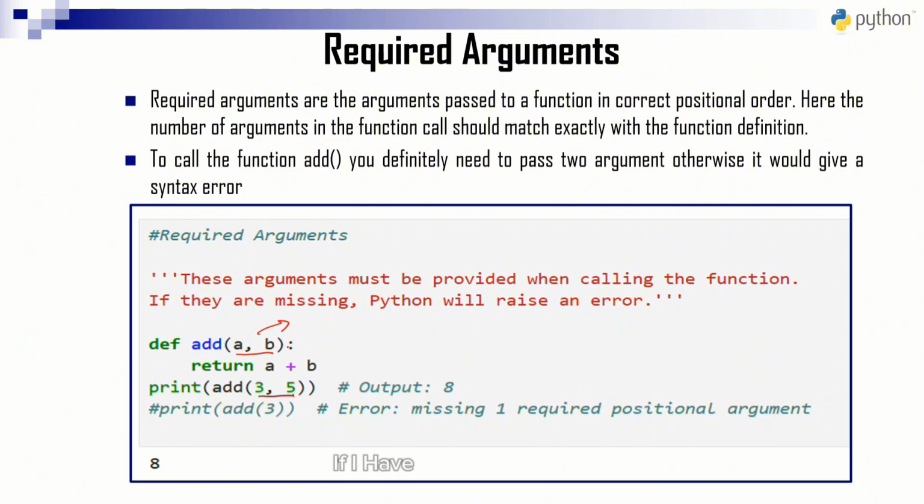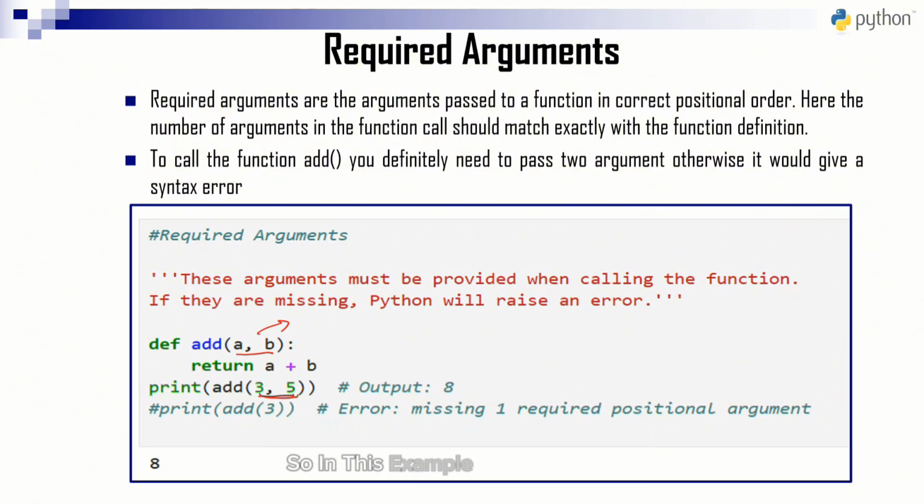If I have 3 parameters a, b, c, then I need to pass 3 values, because they are required. It is essential. I need to pass the parameters. How many parameters are there in a function definition? If it is 2, I need to pass 2 values. If it is 1, I need to pass 1 value in the function call.